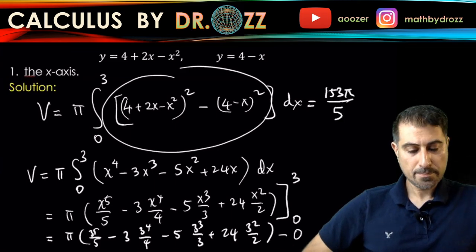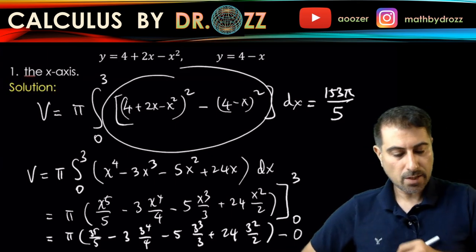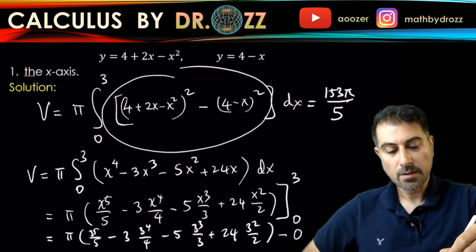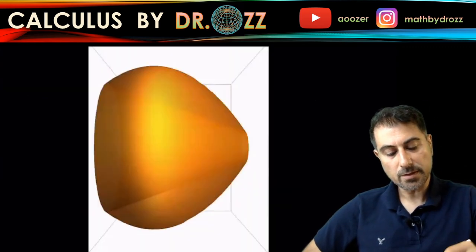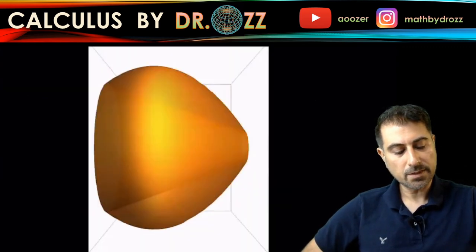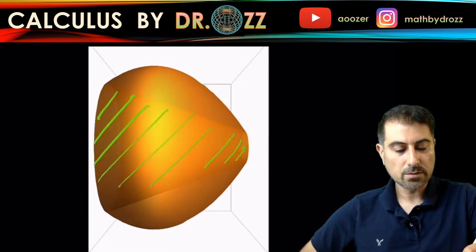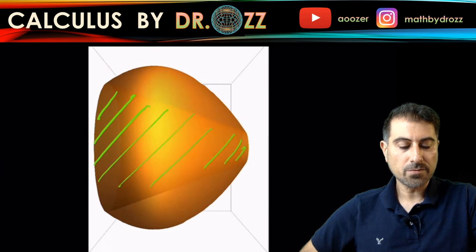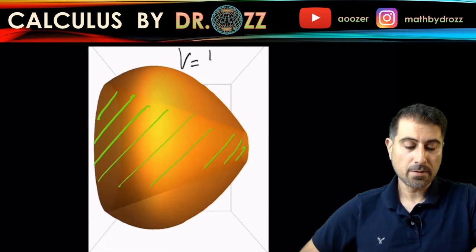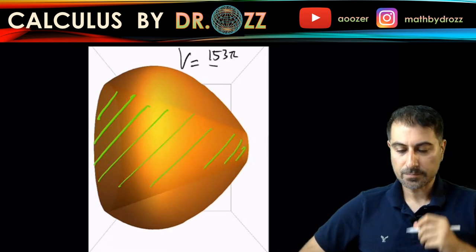Right, this is what we get for the volume of this three-dimensional object, and inside of that, this part is completely empty. So the volume is 153 pi divided by 5.